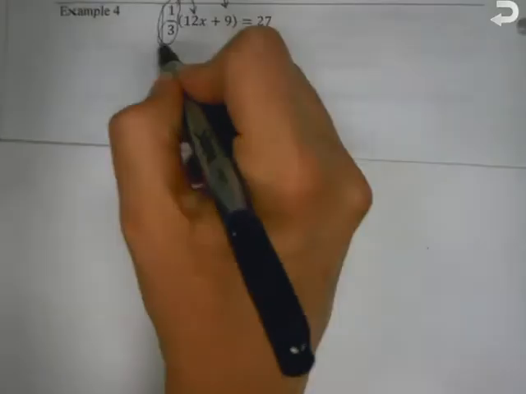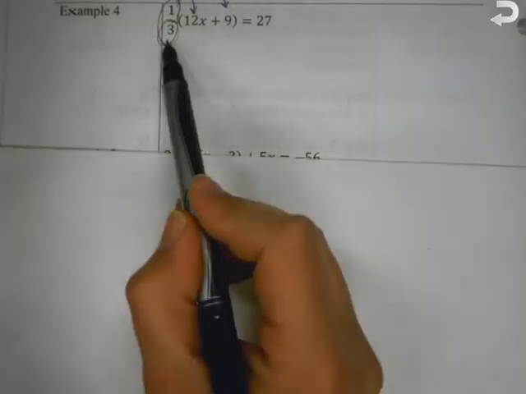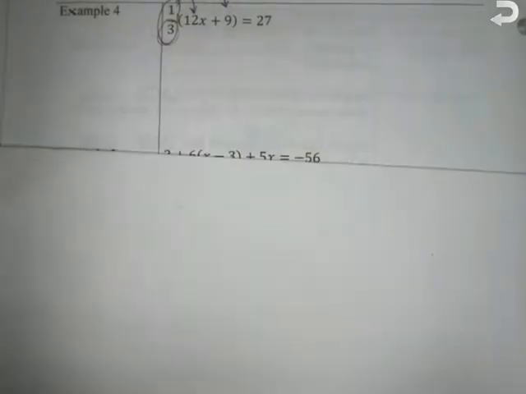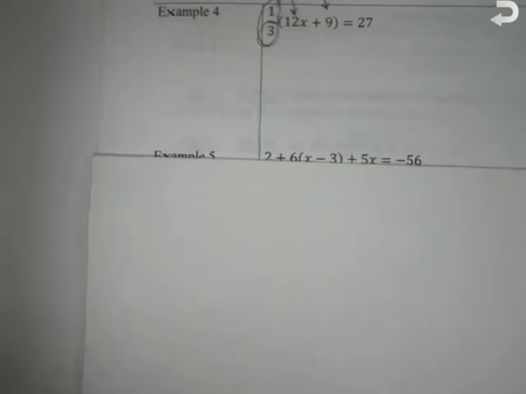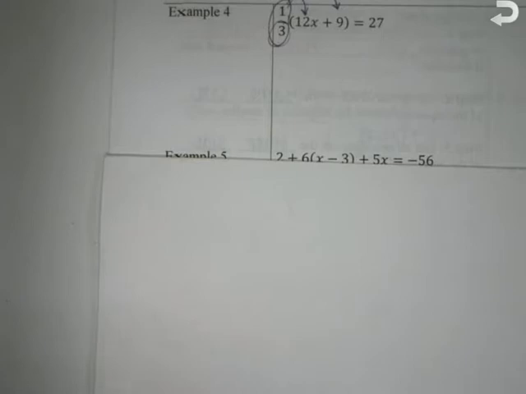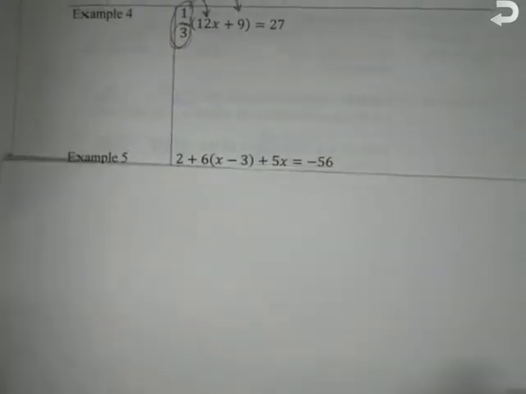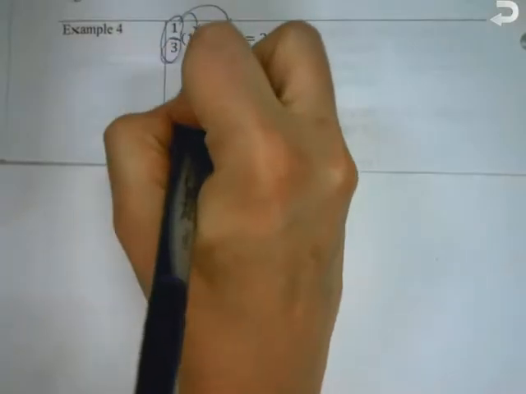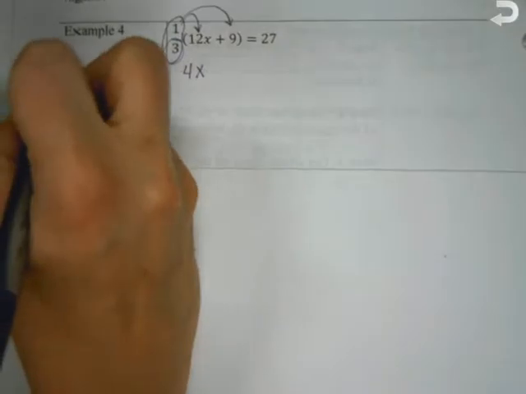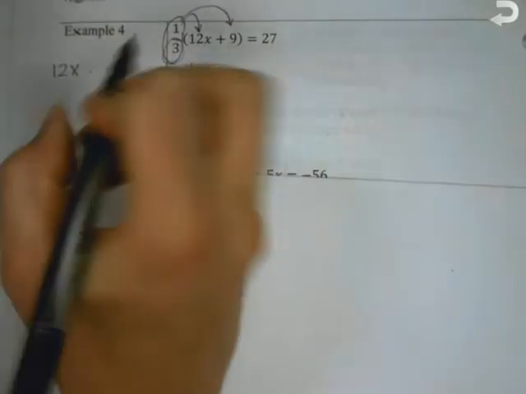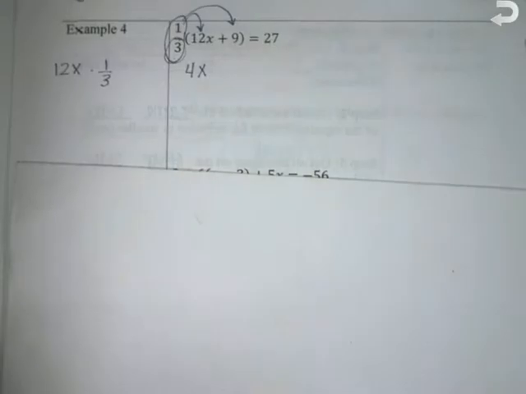So what is 1/3 times 12x? What's 12x divided by 3? 4x. Why? Look at this. 12x times 1/3. This is the same as 12x over what? 1.